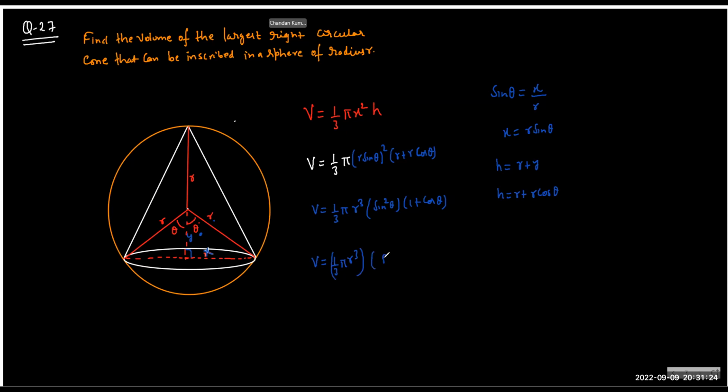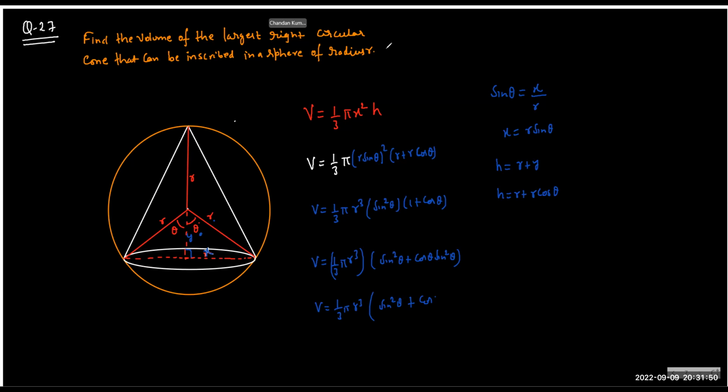And then we have sine square theta plus cos theta into sine square theta. We could have left it that way only.